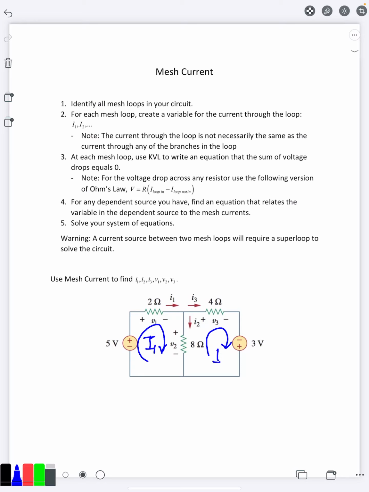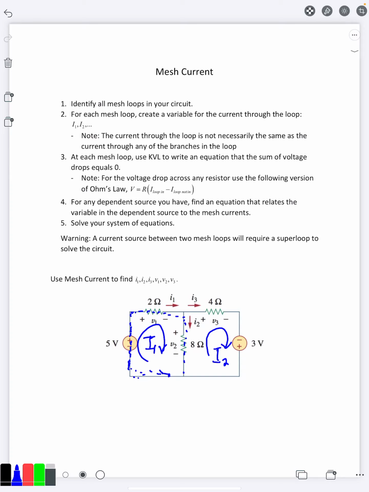And the second mesh, capital I2. And I do want to point out that the capital I1, in this case, is whatever current is going through this loop as we go all the way around it. Now in this case here, as we're going around this loop, the current that goes to the 5-volt source, that's capital I1.